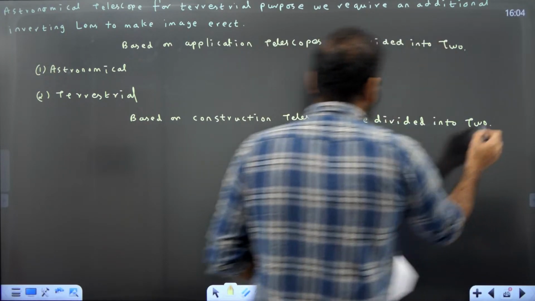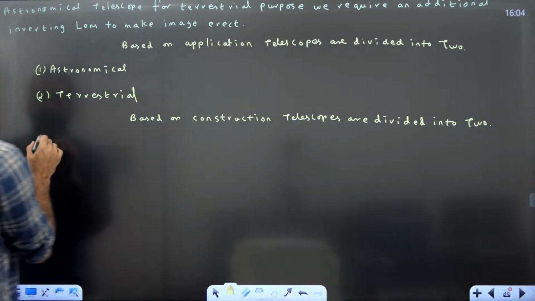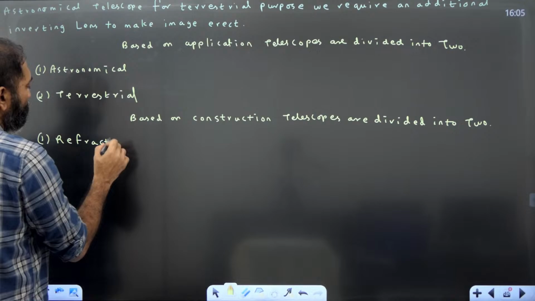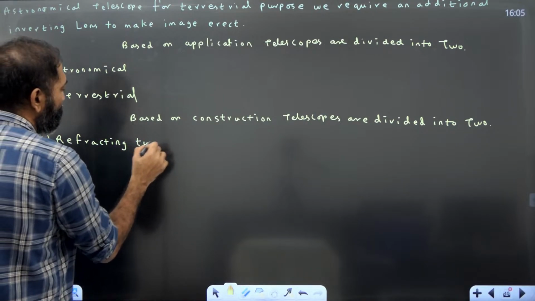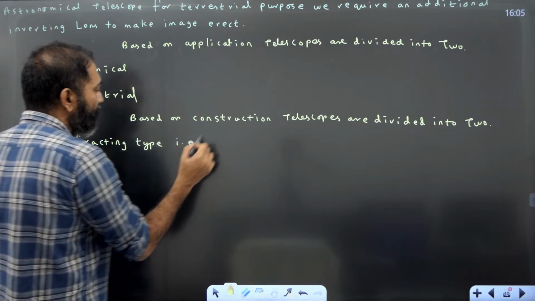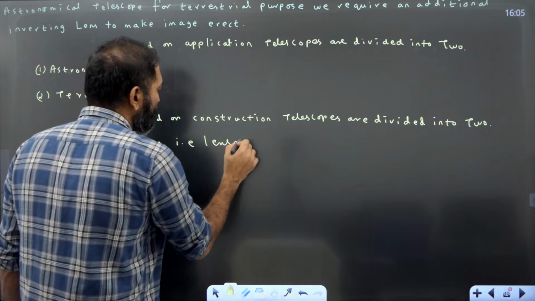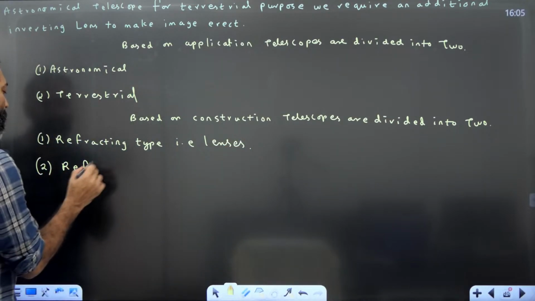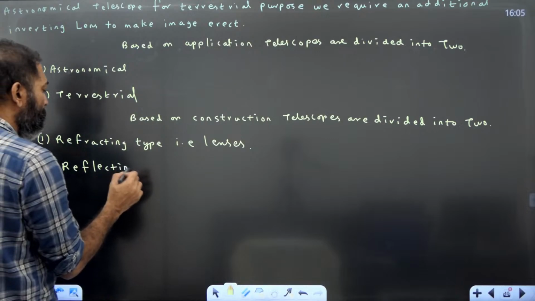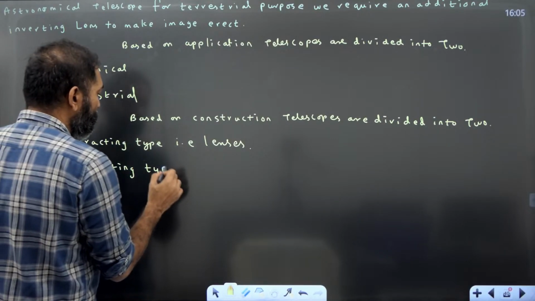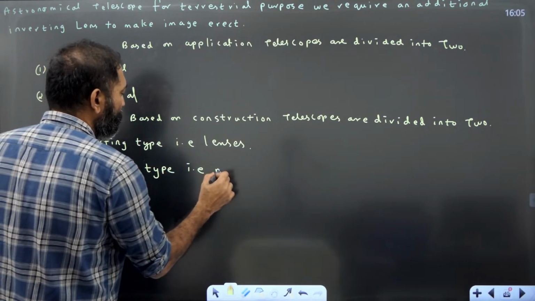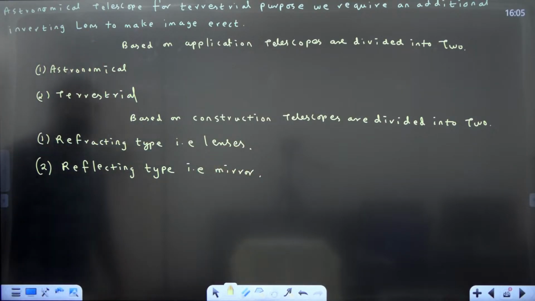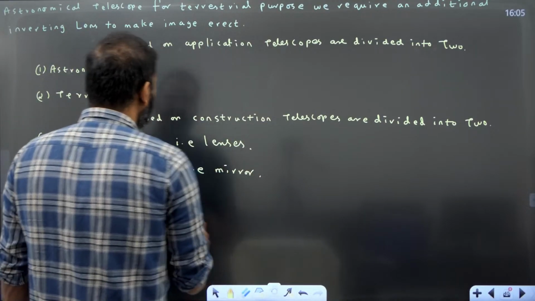First one, refracting type, that is lenses. Then second one, reflecting type, that is mirror. Refracting type and reflecting type. This is based on construction.